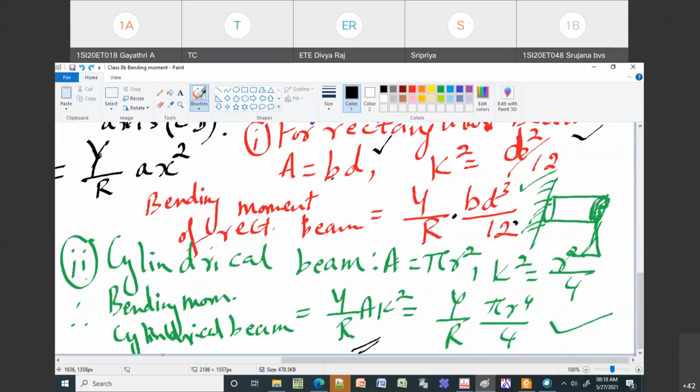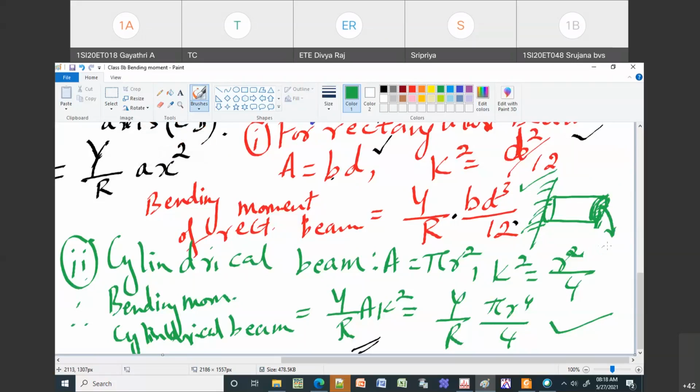So for a cylindrical beam, again, you are going to take the area of only the surface where your force is applied. You don't take into consideration the length. So here in this case, we are going to consider only the area of this surface.